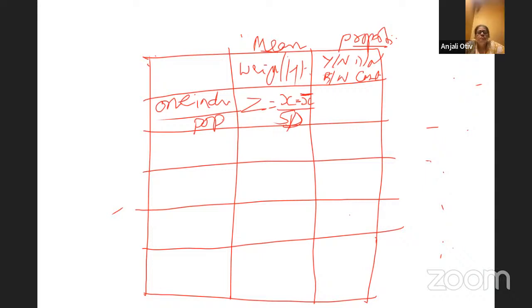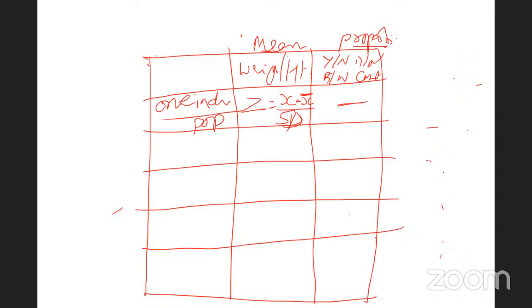But in the case of proportion, usually we don't use a Z over here, comparing an individual with a population. But now, when based on one sample you want to talk about the population, I will be finishing in the next 3-4 minutes.